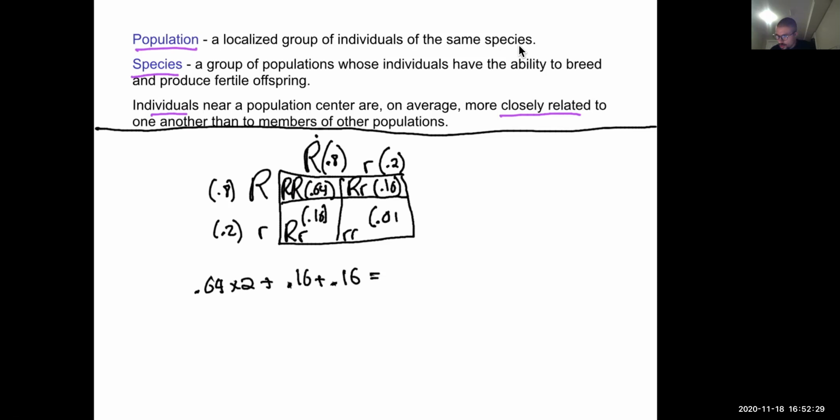And that is... Can someone work that out? And then times 1. Huh. 1.6.